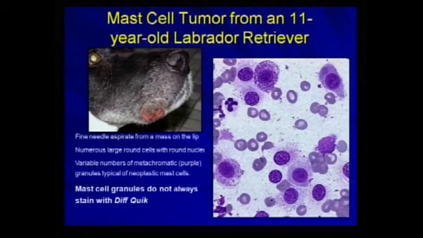The most recent classification of mast cell tumors also requires you to look at mitotic rate, anisokaryosis, and level of differentiation, and you also can't do that. So great for identifying mast cell tumors, but poor for grading them.